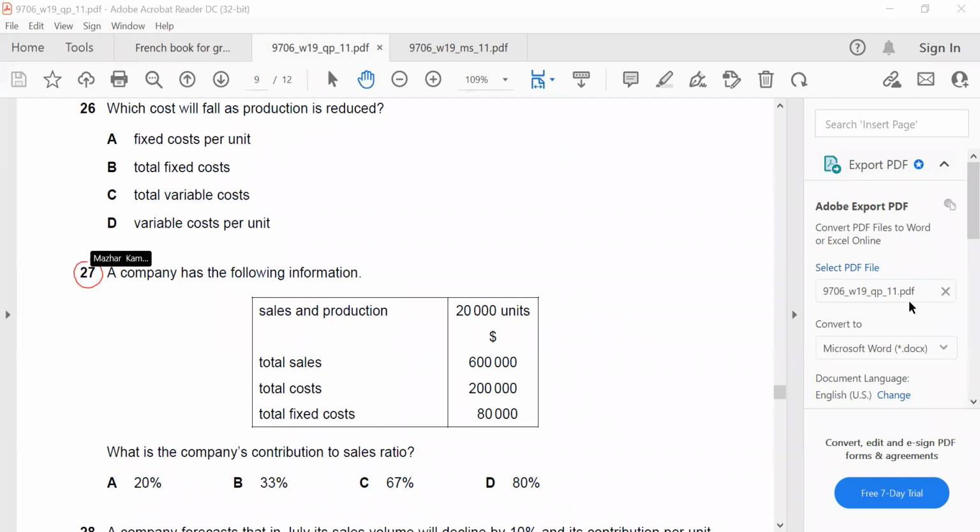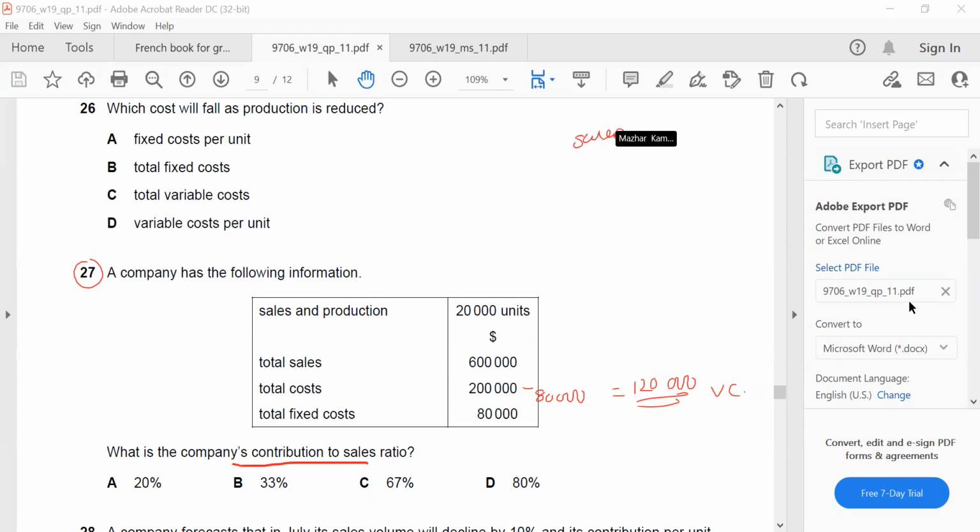Now the 27th one. What is the company's contribution to sales ratio? Total cost minus total fixed costs would give me the variable cost, and the variable cost is 120,000. Are you with me? Yeah.